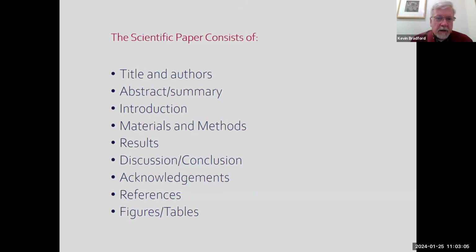There are, of course, other parts of it: your title and author, your abstract or your summary, and then your acknowledgments, references, figures, and tables. But for this presentation, we're going to pretty much focus upon the introduction, materials and methods, the results, and the discussion/conclusion.